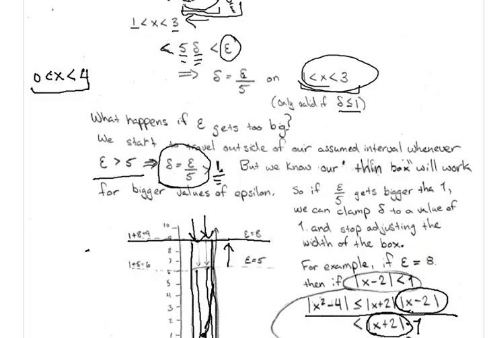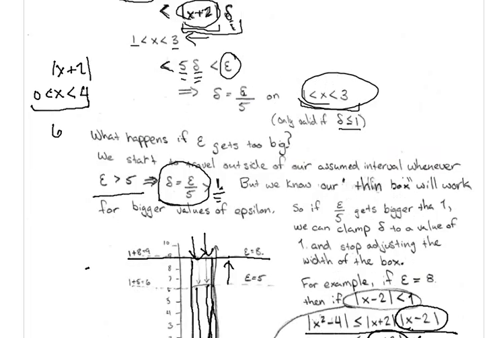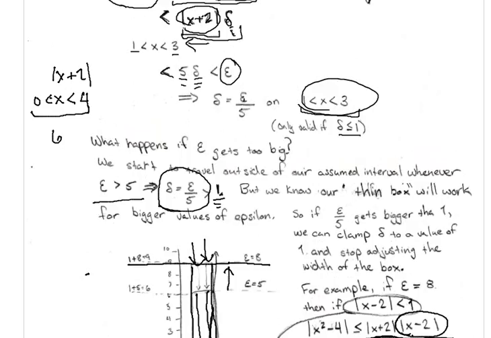Then the value of x plus 2 would have to be no bigger than 6. So then we would go through all of the same derivations, and we would get delta equal to the minimum of 2 or epsilon over 6.